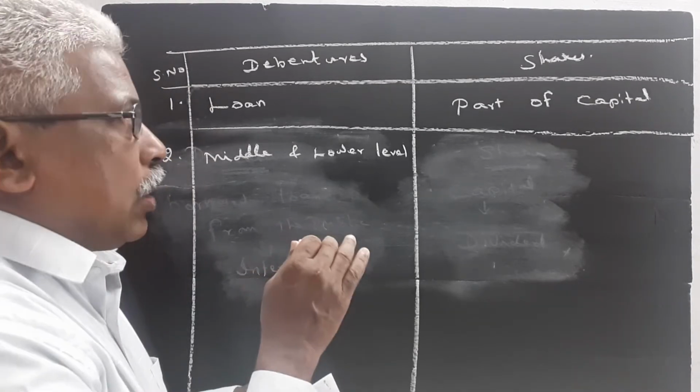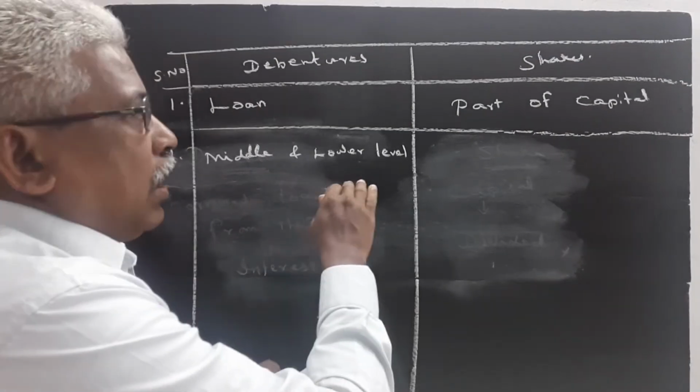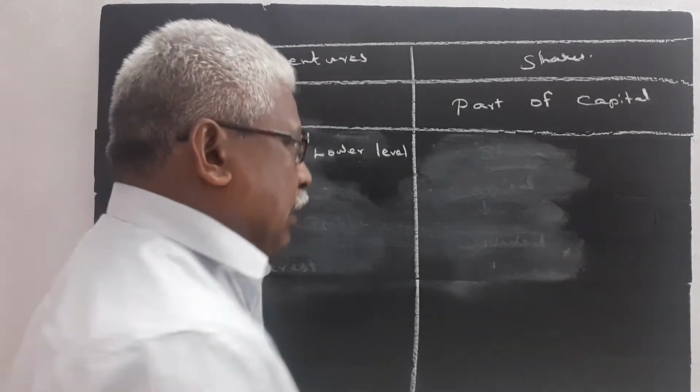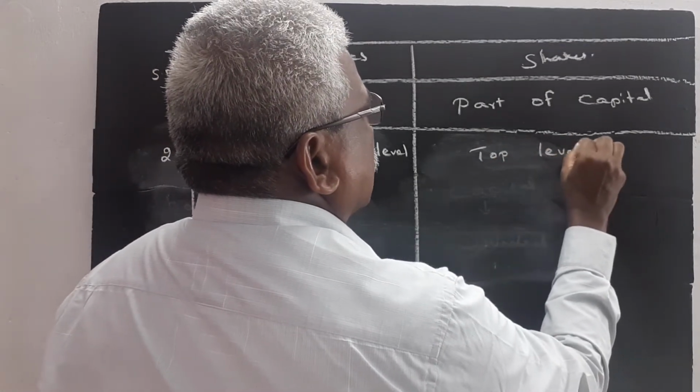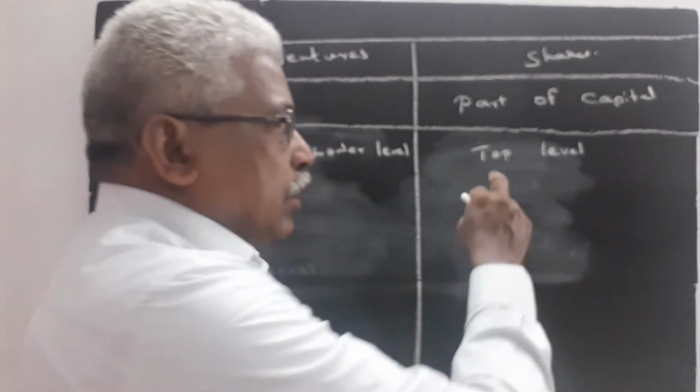So the debenture holders have a low and middle level in the company's activities. But the share is the top level. The board of directors, managing director are all elected by the shareholders. So it is a top level.